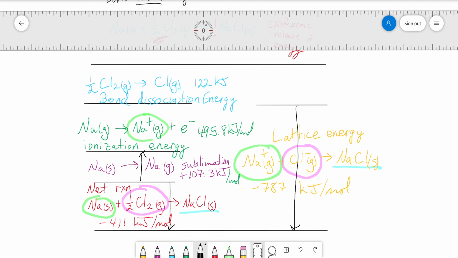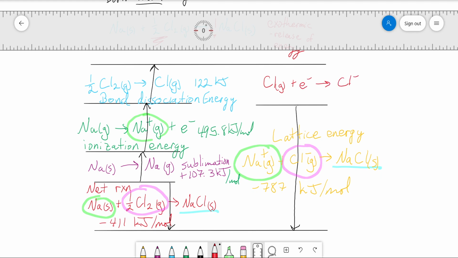Alright, so I forgot to put my arrows in. These are both up because we're adding energy here. And now this last step, we're simply going to take the chlorine gas and add an electron to it.